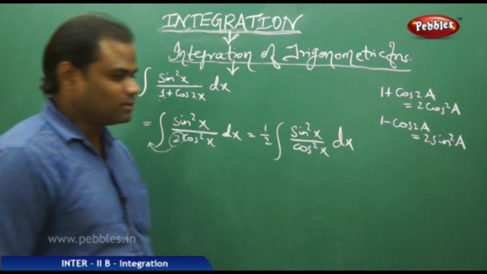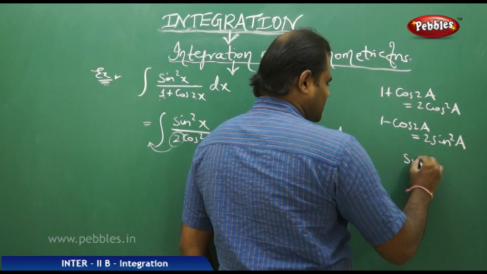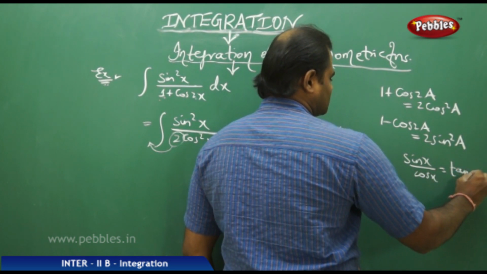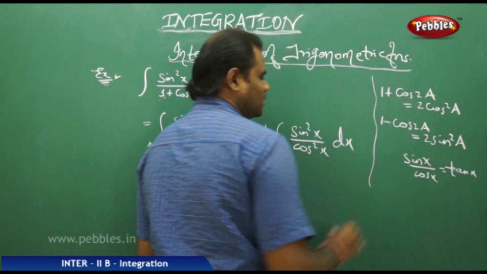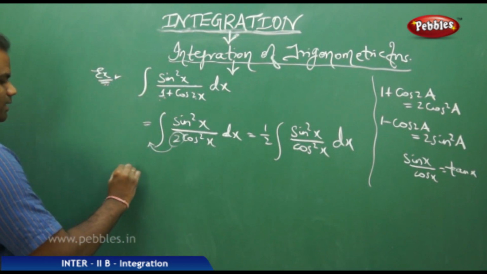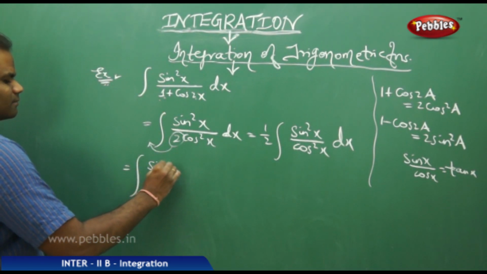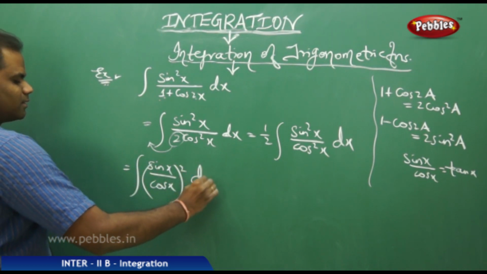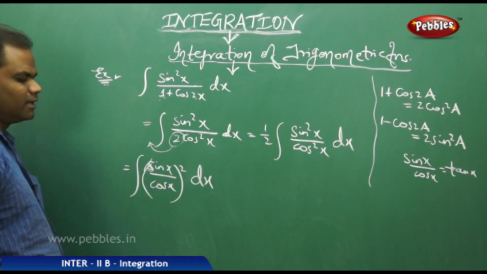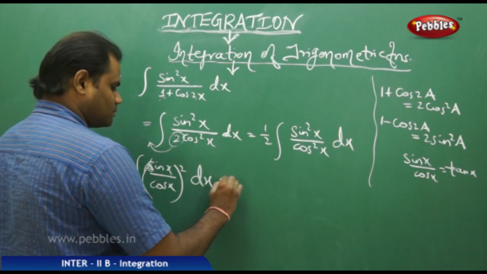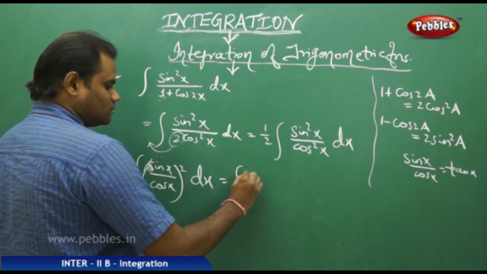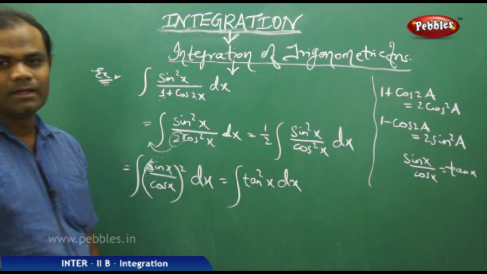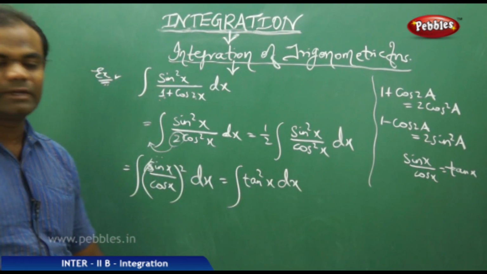Now, we know that sin x by cos x is tan x. Using this formula, I can write this as sin x by cos x whole square dx, which reduces to tan square x dx is how we get.